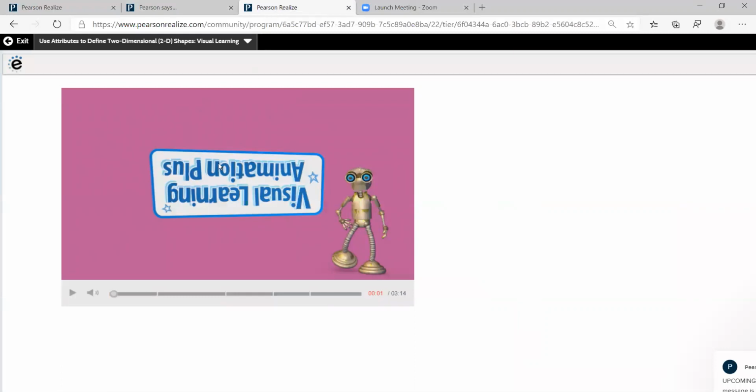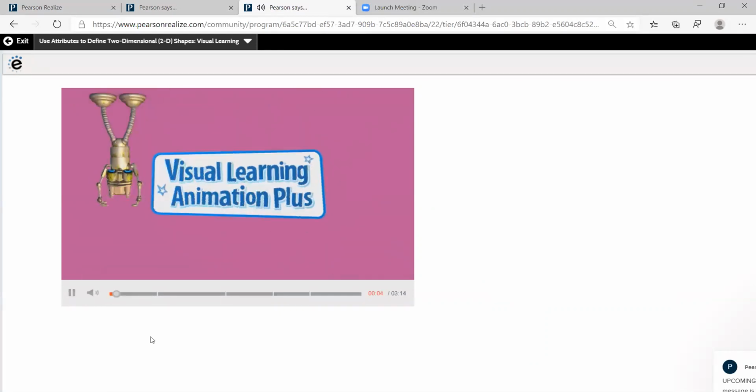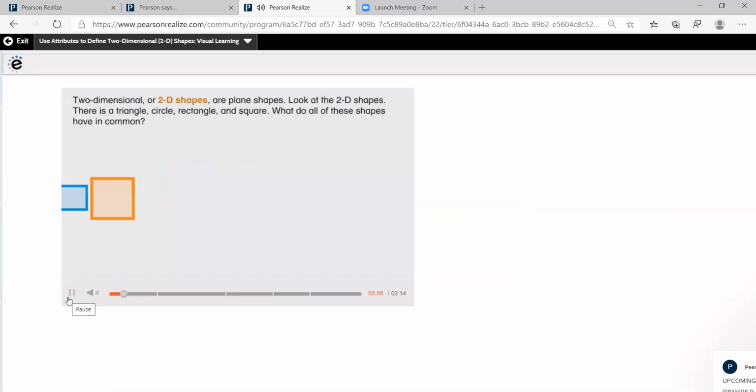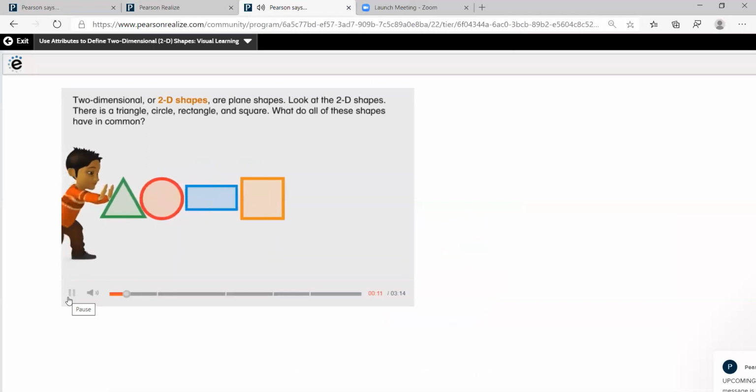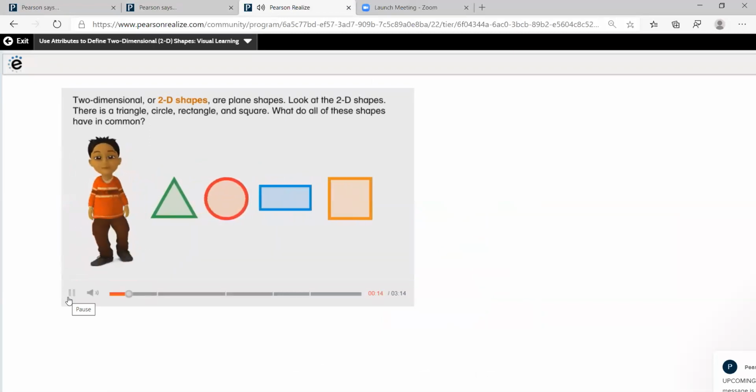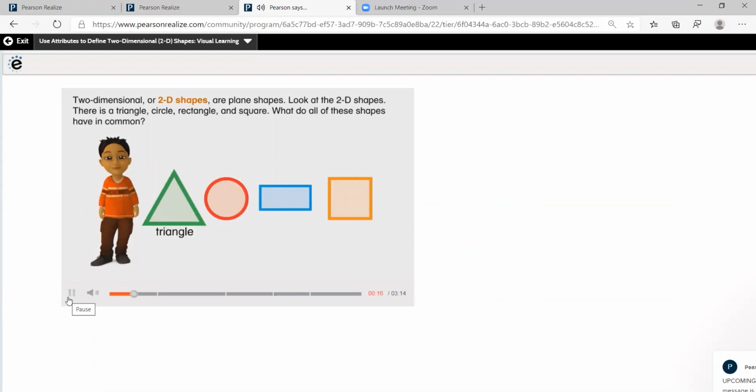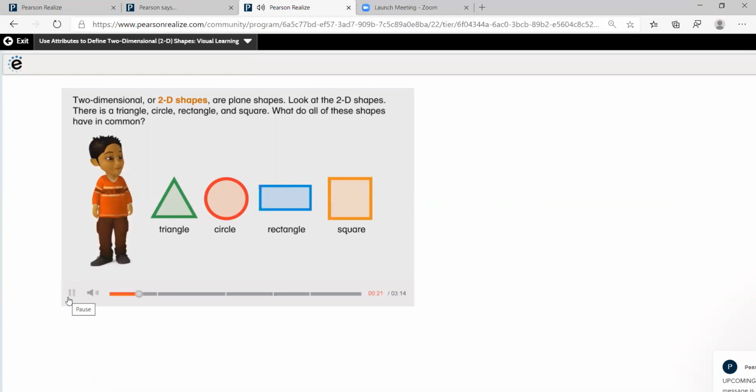Let's take a look now at our visual learning about shapes. Two-dimensional or 2D shapes are plane shapes, flat shapes.